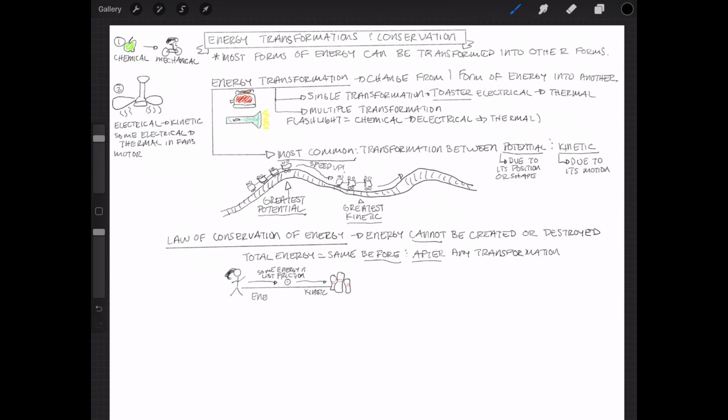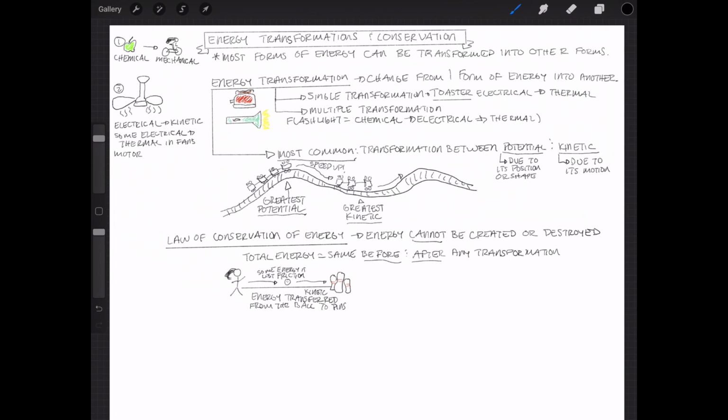So my energy is transferred from the ball, the ball to the pins. All right, transferred right there.